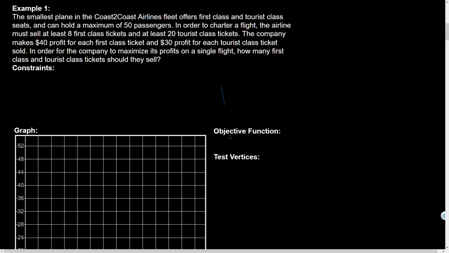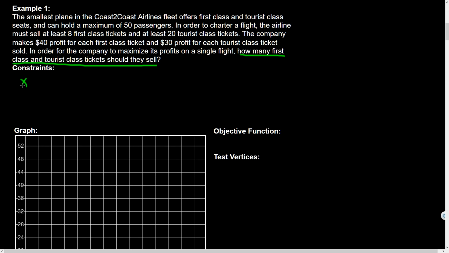So here's example one. I'm going to use green first. The first thing I'm going to do is define my variables and then use those to write constraints. The majority of the time, for word problems, the variables are going to be found in the question that's being asked. How many first class and tourist class tickets should they sell?